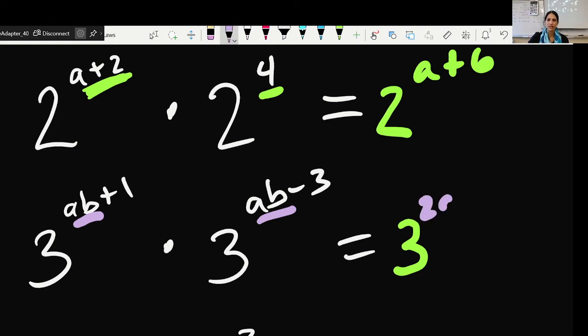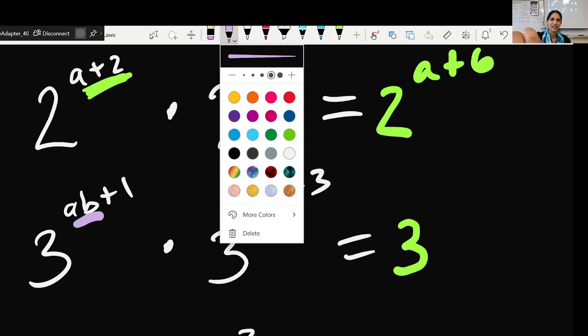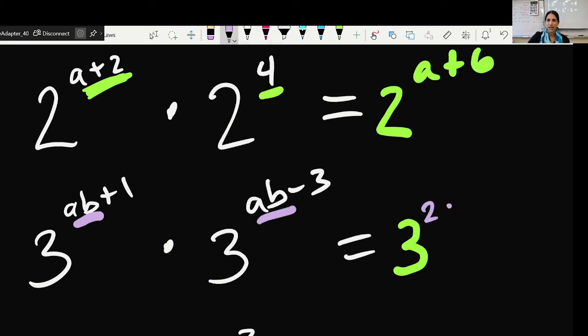So we have 2ab, and then for the other part, plus 1 and minus 3. When we add those together, what am I left with? 1 plus -3. What is that?